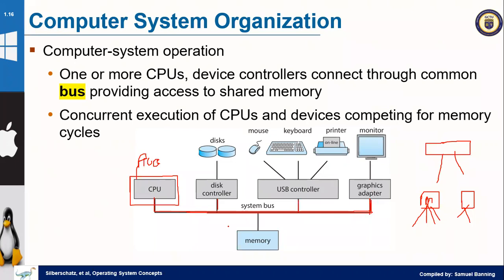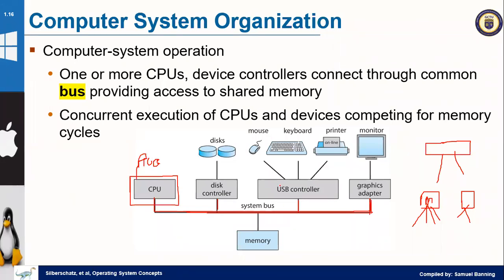Notice also that we have the memory. This memory is the random access memory. This allows all these controllers and the CPU to share or access the memory. The memory is shared by all these controllers.